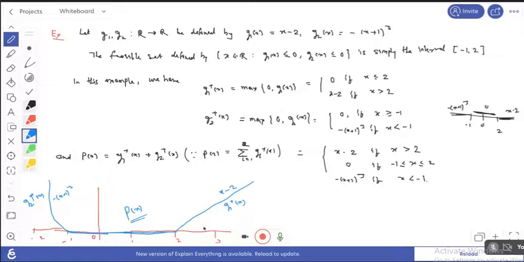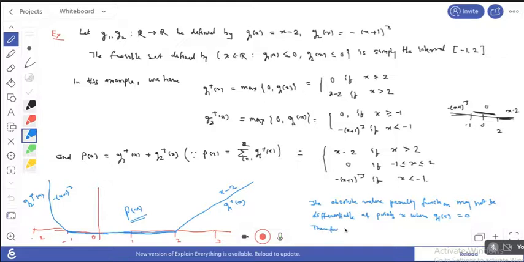That's why we can write here: the absolute value penalty function may not be differentiable at points, that is x, where this gi(x) equals 0.